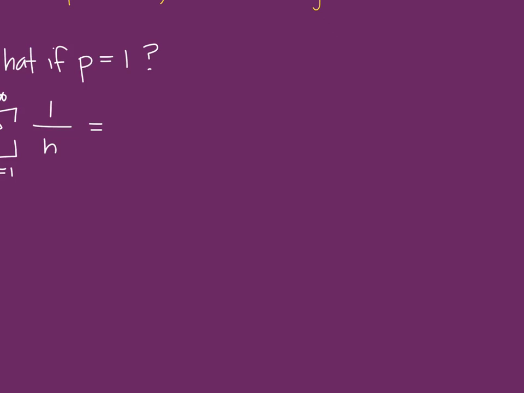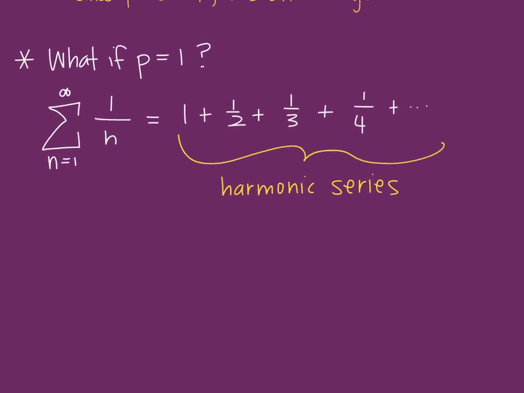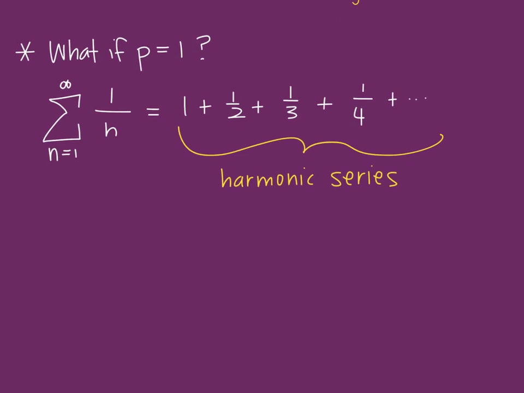We went through and actually started by brute force plugging in: 1 plus 1/2 plus 1/3 plus dot dot dot. This is called the harmonic series. So it has a name, and now we can cite, oh, by the harmonic series.